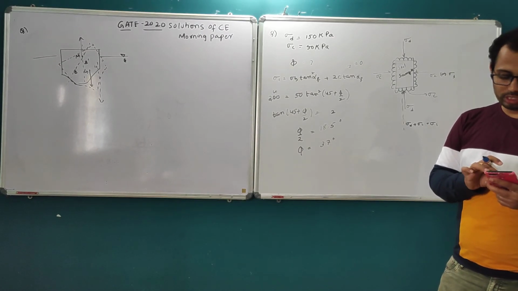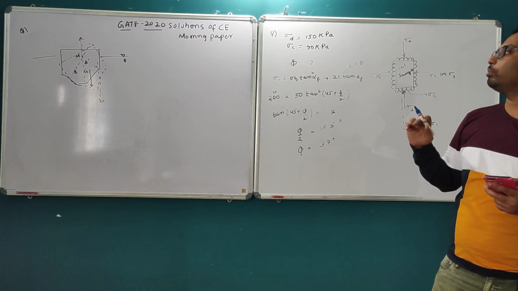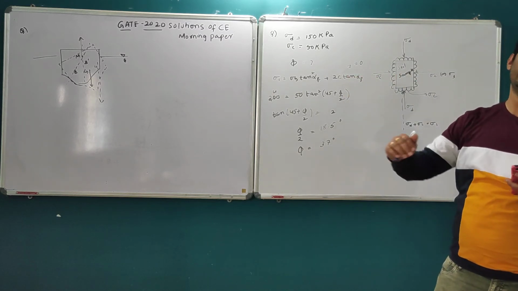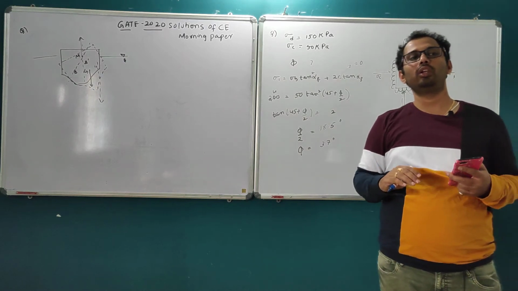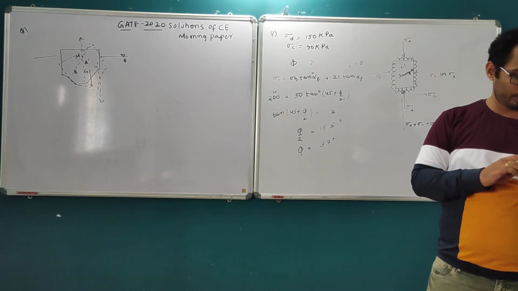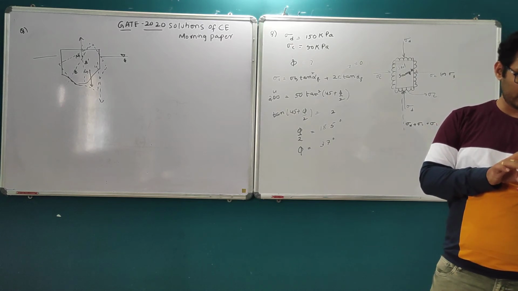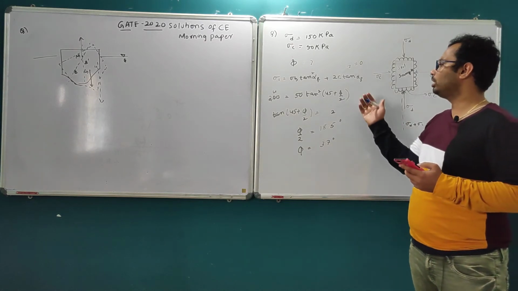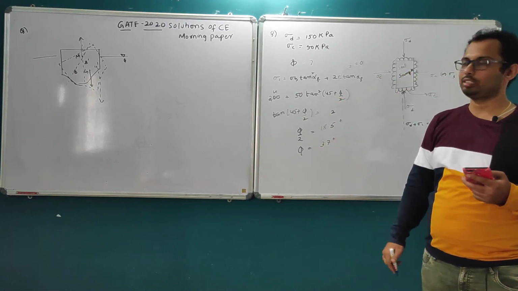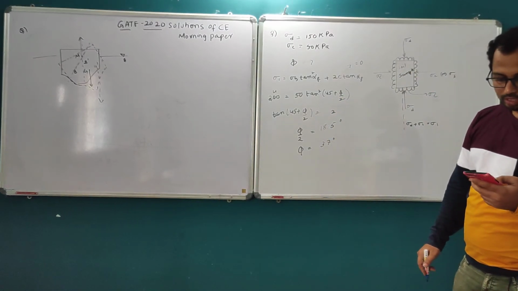By substituting sigma 1 and sigma 3, and c equal to 0 because this is sand and cohesion will not exist, and substituting the rest of the values, you will get the answer.